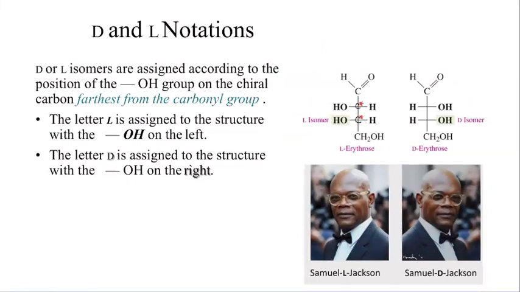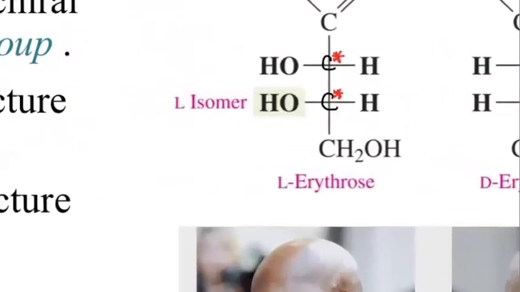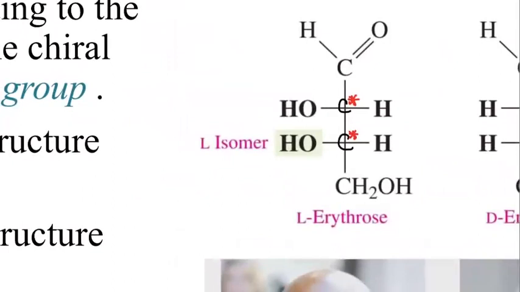Well, it is all about the location of the OH group on the chiral carbon that is the farthest away from the carbonyl. So again, looking at the molecule of erythrose, this is the chiral carbon that is the farthest away from the carbonyl. See how the OH is pointing towards the left? That's why that's the L isomer.